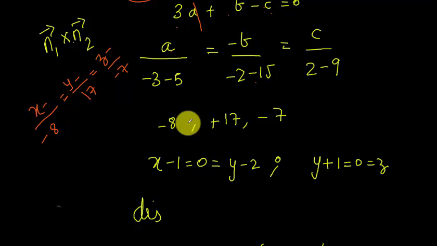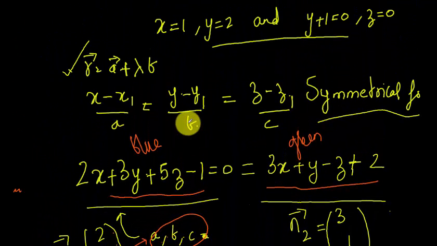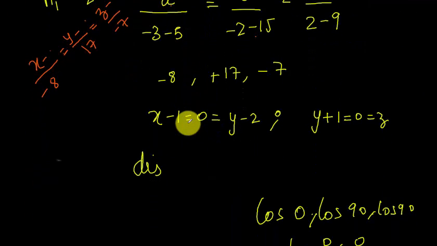Now, I'm not going to get into finding this particular point, we don't need that. So the equation that I have is x minus 1 equal to 0 and y minus 2 equal to 0 as the first equation.